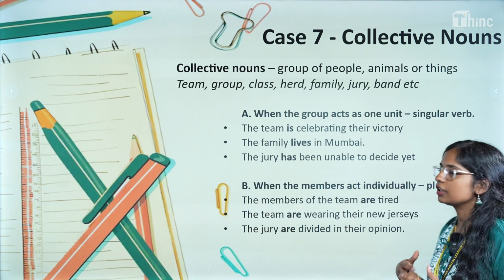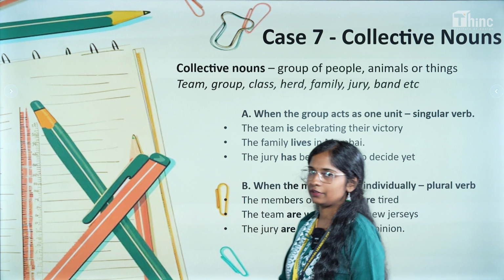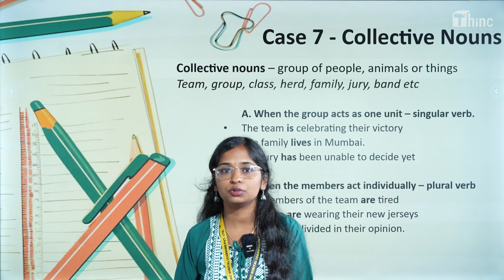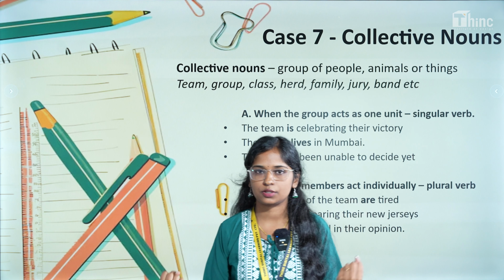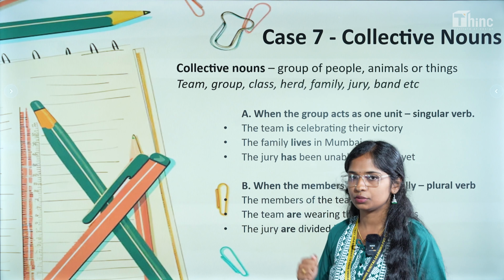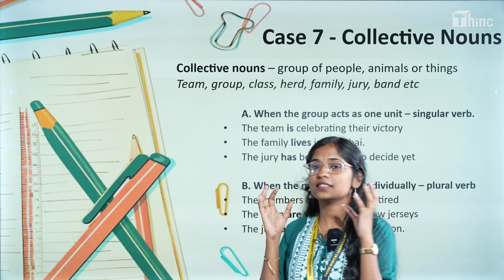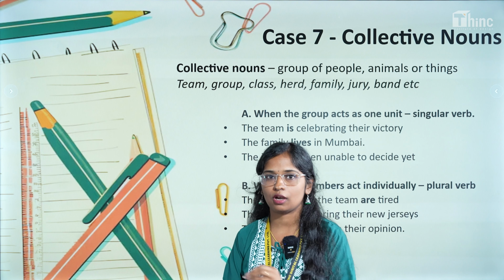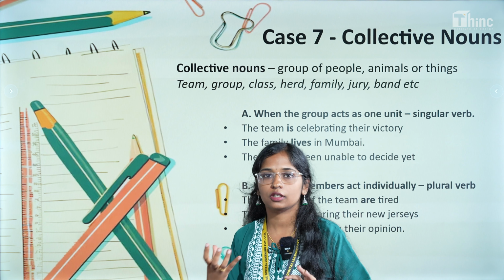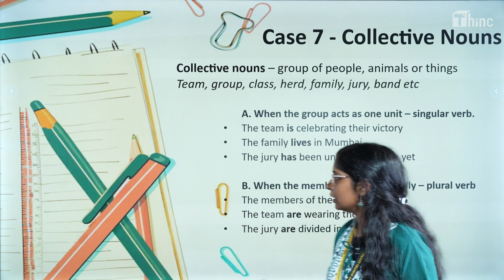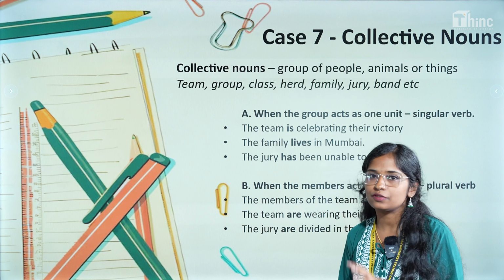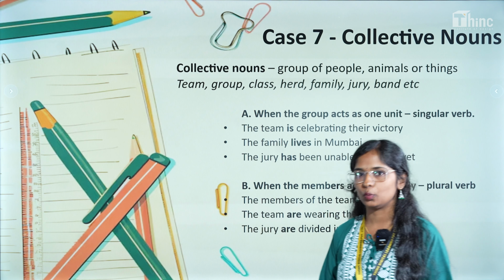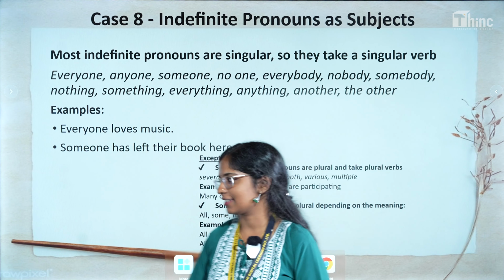The jury are divided in their opinion. We have a jury and the members of that jury are divided in their opinion. So we use the collective noun as a singular unit when we are talking about it as a group. But when we are talking about the members individually, we use a plural verb. Let us look at the next case.